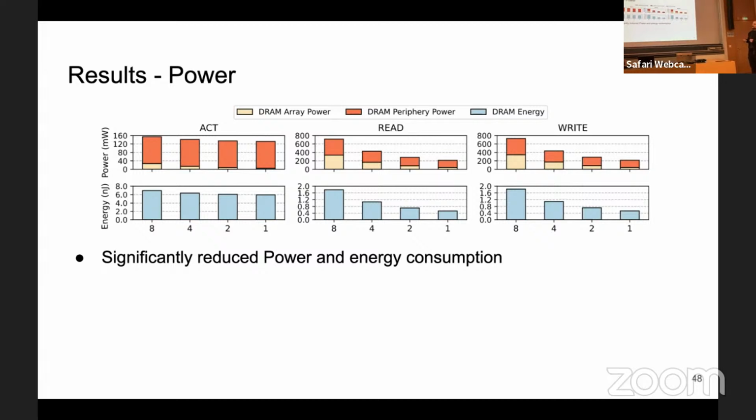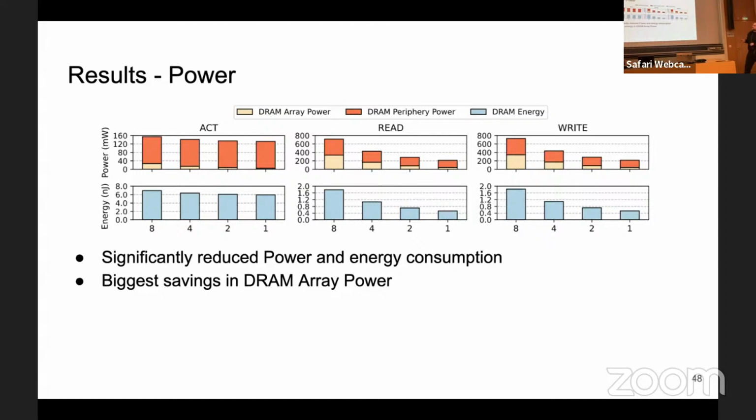So what you can see is that the biggest improvements are for read and write operations, but the biggest improvements are generally in DRAM array power, so not in the transmissions and stuff like that, but in the actual energy required to keep up the state of the system.